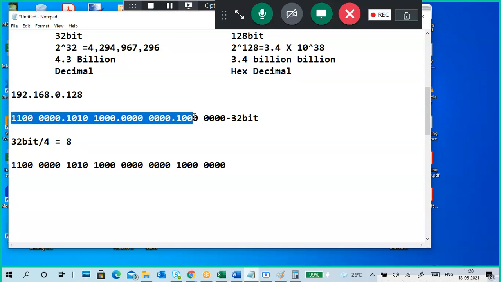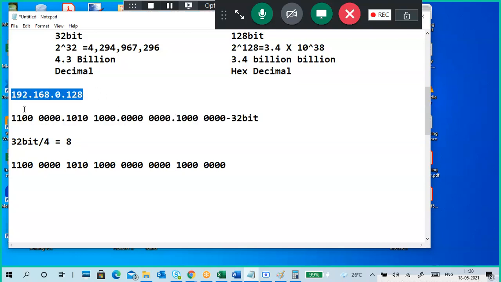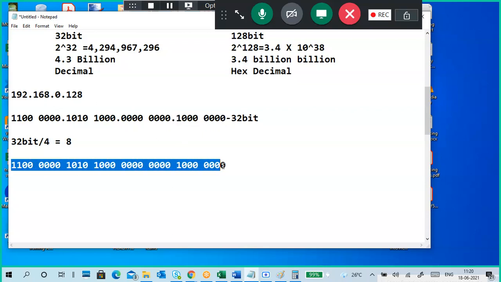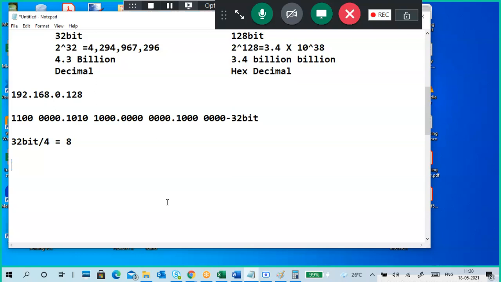This is 192, 168, 0, and this is 128. But what is this value? You will get a very big number.